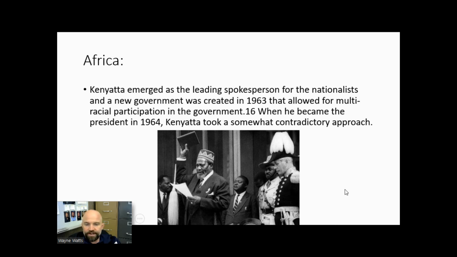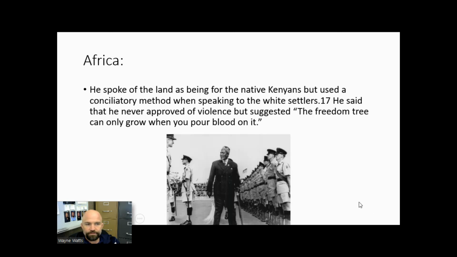When he became the president in 1964, Kenyatta took a somewhat contradictory approach. He spoke of the land as being for the native Kenyans, but used a conciliatory method when speaking to the white settlers. He said that he never approved of violence, but suggested the freedom tree can only grow when you pour blood onto it.